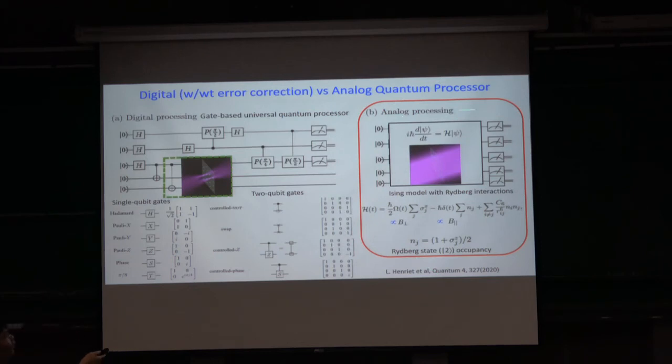Basically, you don't individually control each atom. You just prepare many atoms, and then you engineer the Hamiltonian by the laser intensity and the laser detuning.